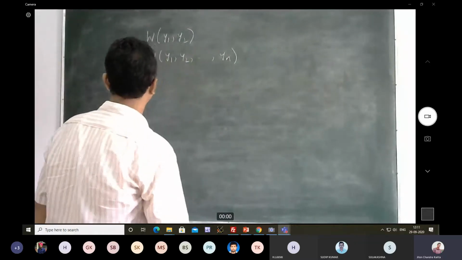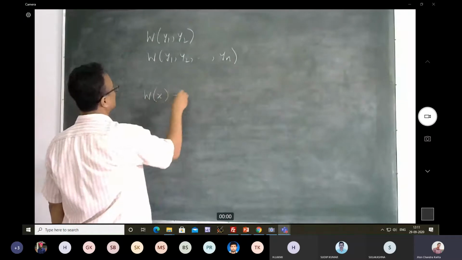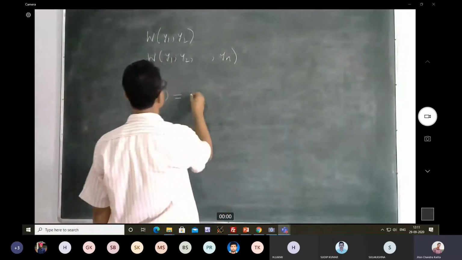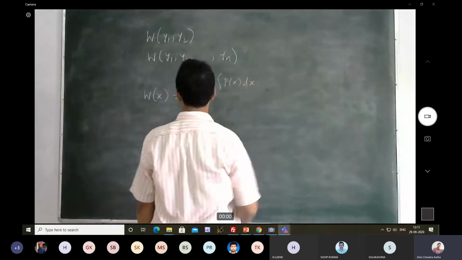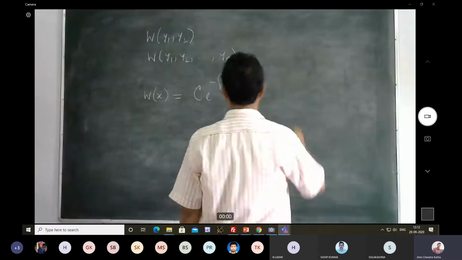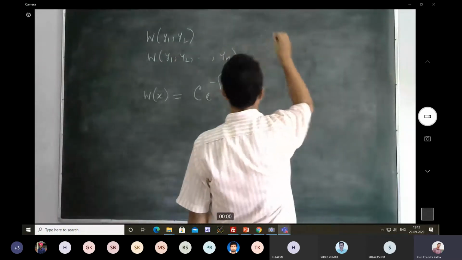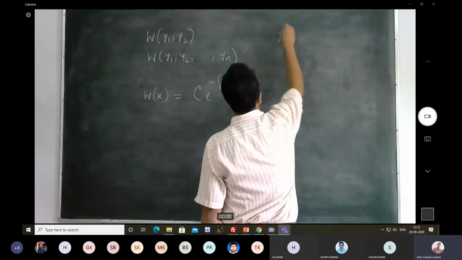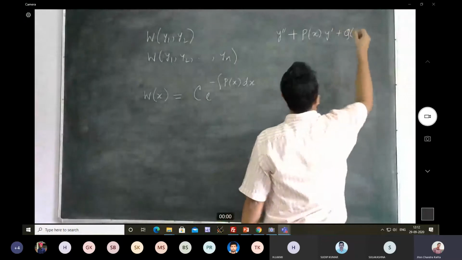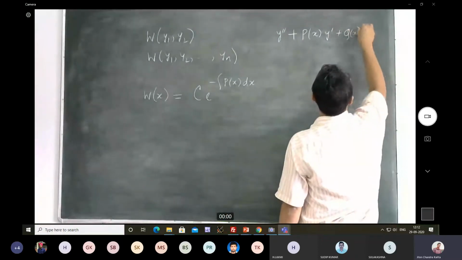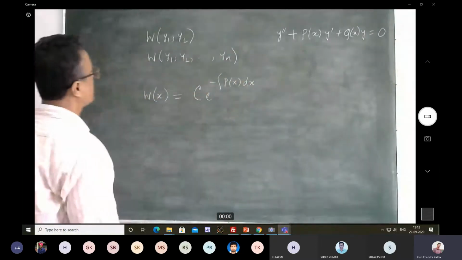Okay, and over there, it was found out that the Wronskian can be put in this form, e to the power minus integral of p(x) dx. If your a second order differential equation, it is put in this form. Okay, so this is the Wronskian.